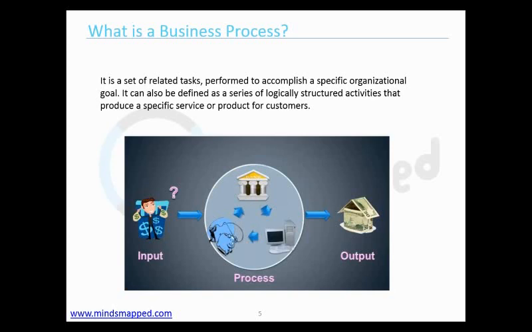So the initial process of generating a loan was: you sign an application, you provide the application to the bank, they process the application, and they get it checked with third party appraisers, and based on that they decide whether you can have that loan or not. So all these things they have been doing manually.